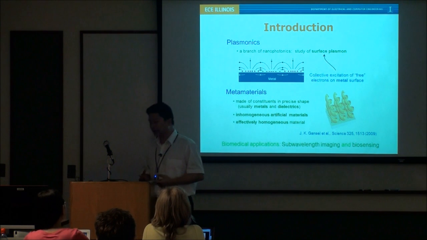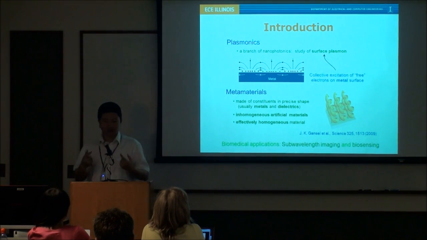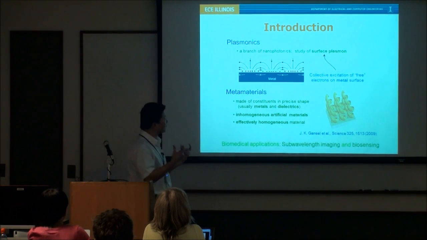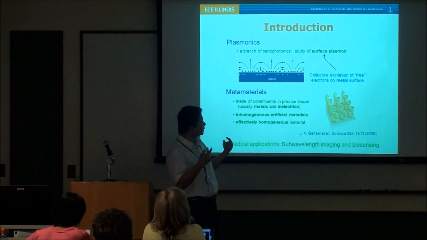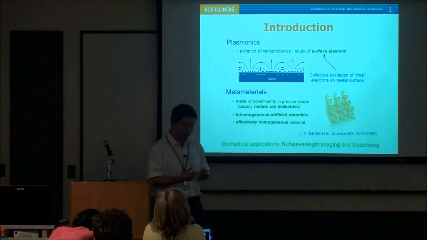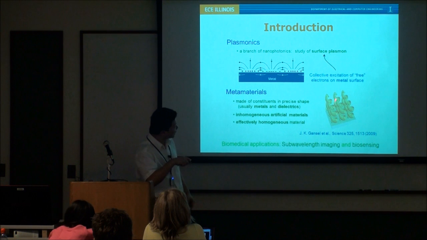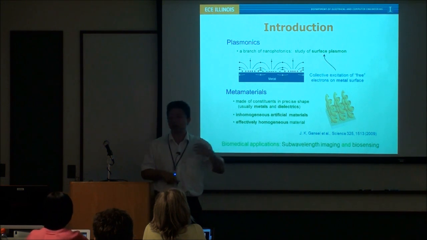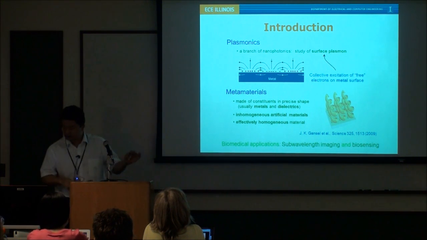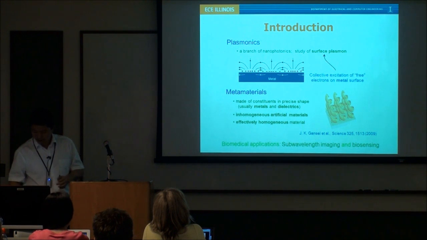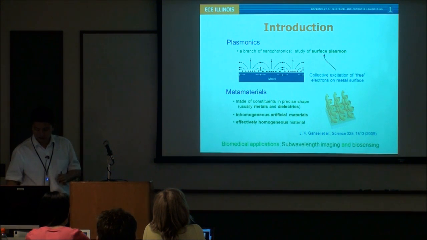So now we're creating an artificial material by blending the metal and dielectric materials in a way that gives them your desired property. We will start to talk about how we make them and what the properties of those metamaterials are.